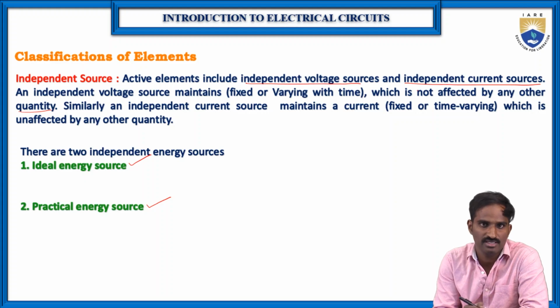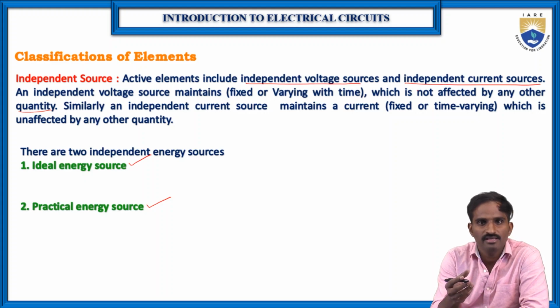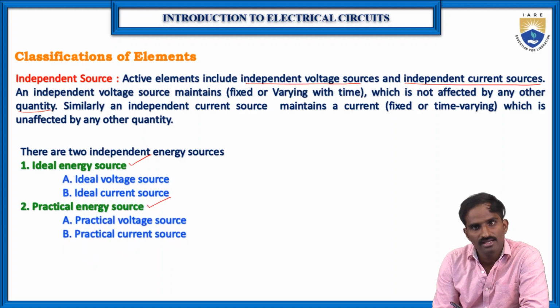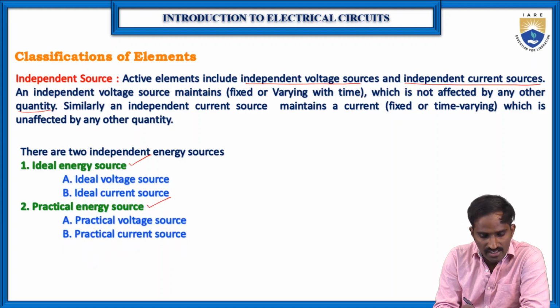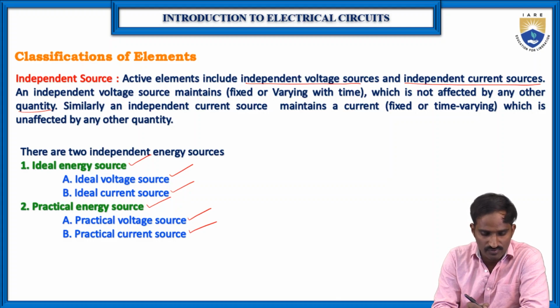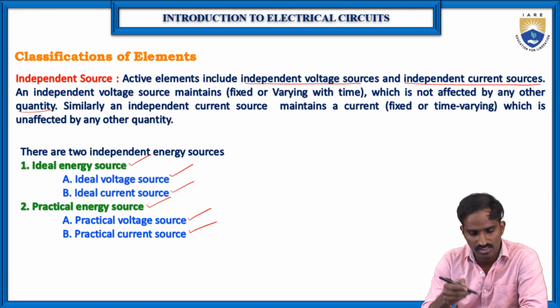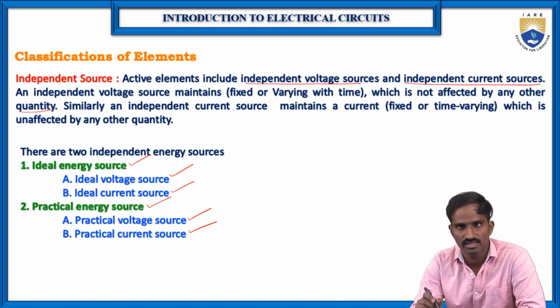Ideal means neglecting some properties of that particular thing. In the case of ideal, there is an ideal voltage source and an ideal current source. Similarly, there is a practical voltage source and a practical current source. We will discuss one by one what is ideal voltage source, ideal current source, practical voltage source and practical current source.